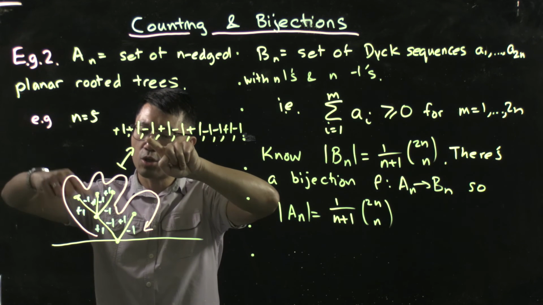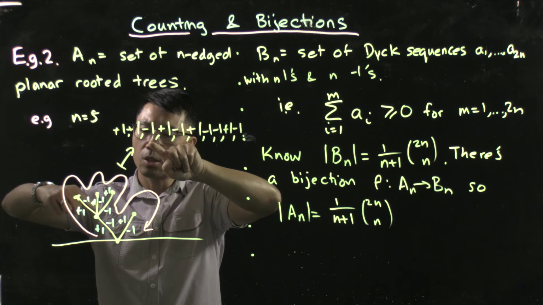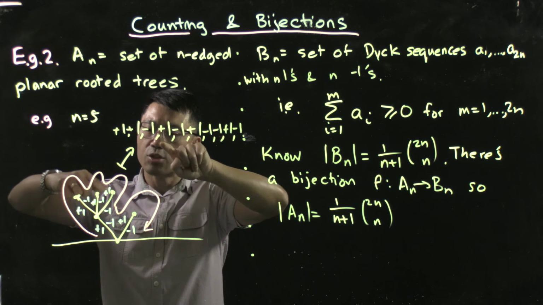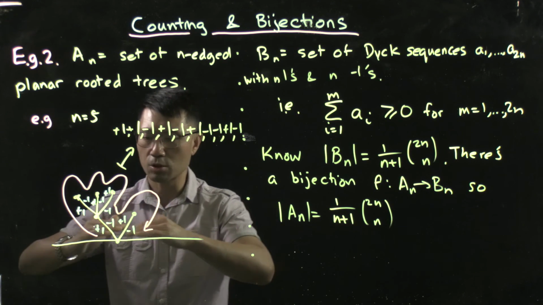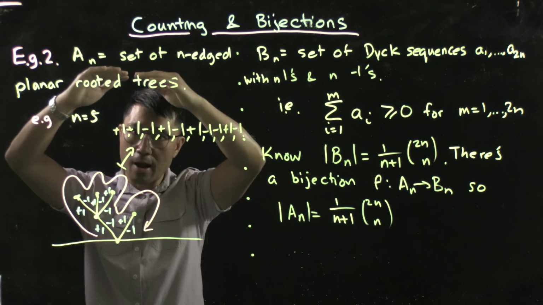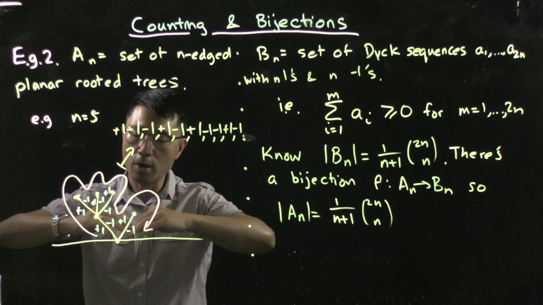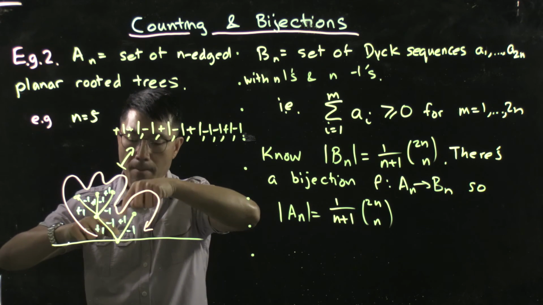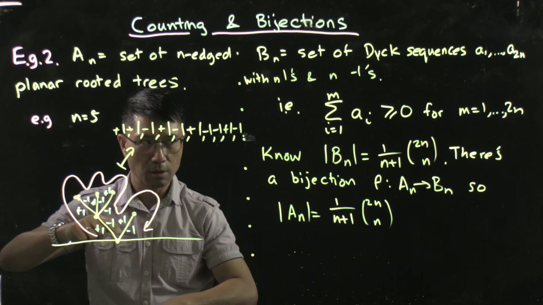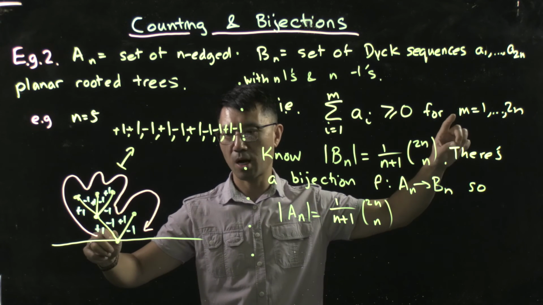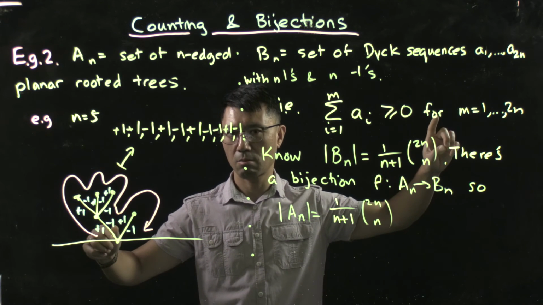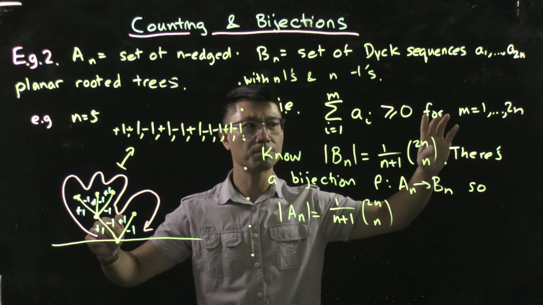Then you go back down to the first level, and you go up. Basically, what the partial sum tells you is how far you are off the ground, so to speak. And the point is that you can never go below where you started, so you can't go negative in this partial sum. That's the key point.